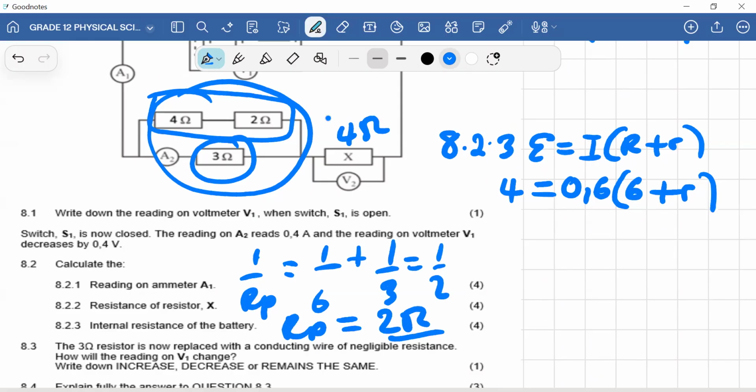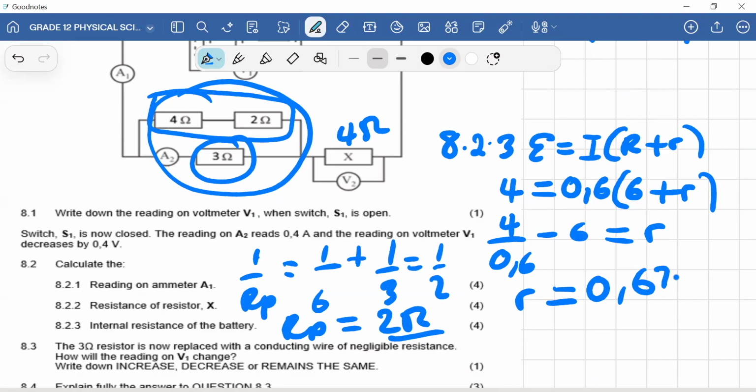So all I am going to do is say 4 divided by 0.6, and then take the 6 away, so minus 6 is equal to my r. So therefore my r is going to be 0.67 ohms. That is my internal resistance.